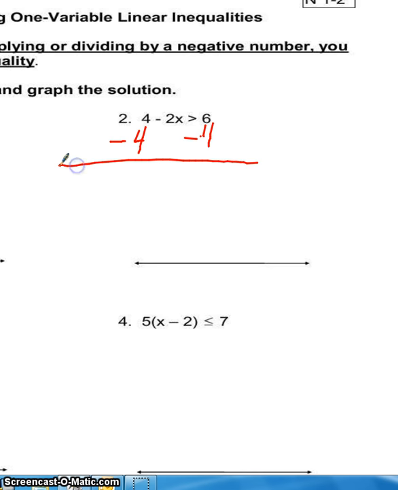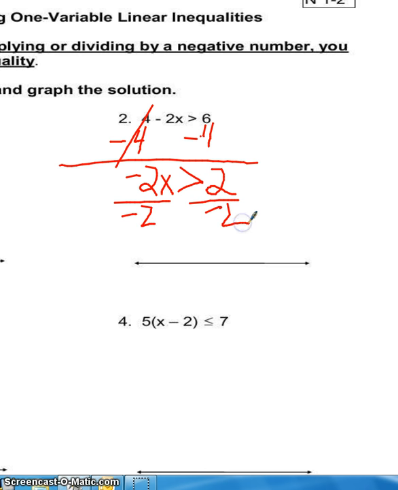And then I'm left with negative 2x is greater than 2. Now what must I do? Divide by negative 2. And because you said divide by negative 2, I have to flip my inequality. And I get x is less than negative 1.